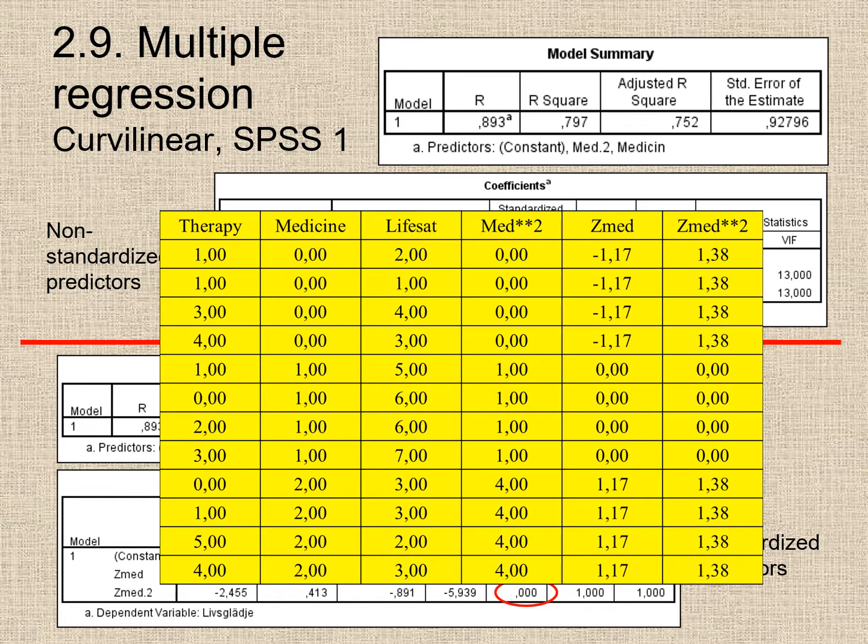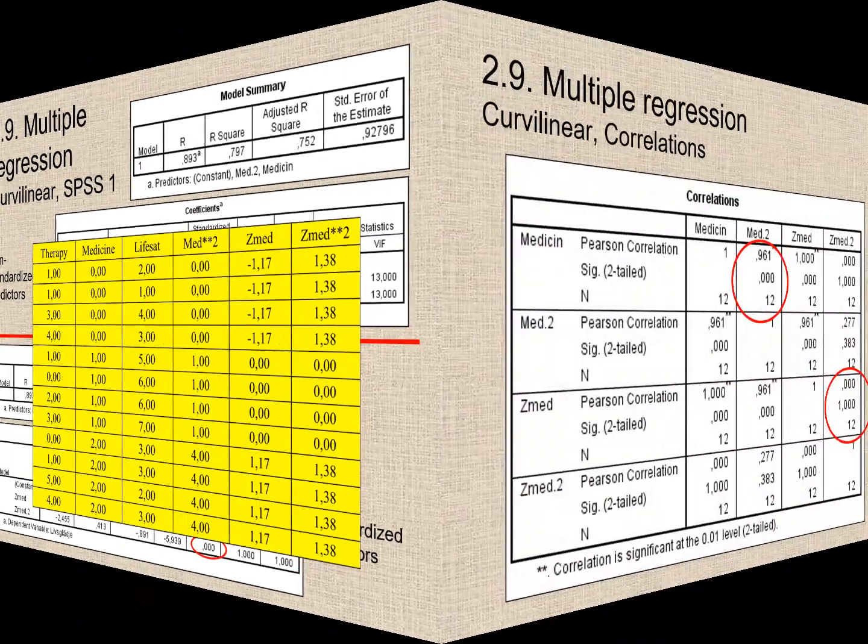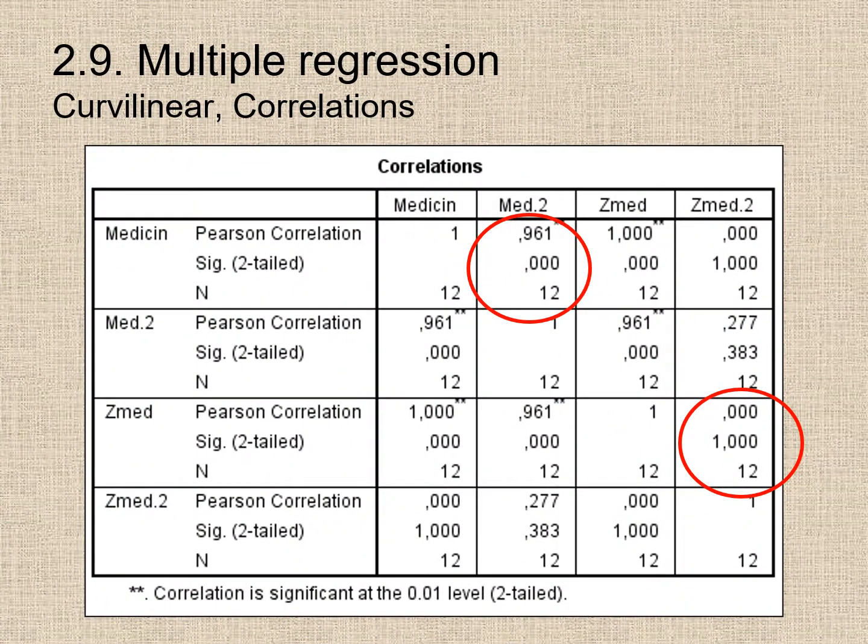Okay, so we get the formula like this. Predicted life satisfaction is 6 plus 0.11 multiplied by standardized medication. You see I get those from there. Minus 2.46 multiplied by standardized medication squared.